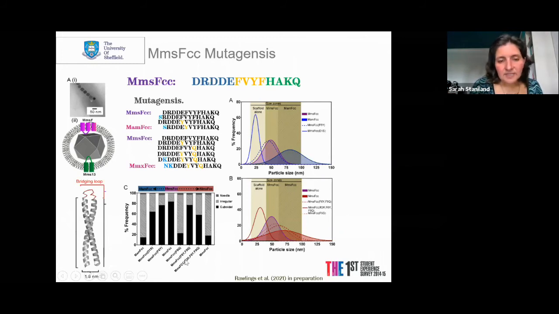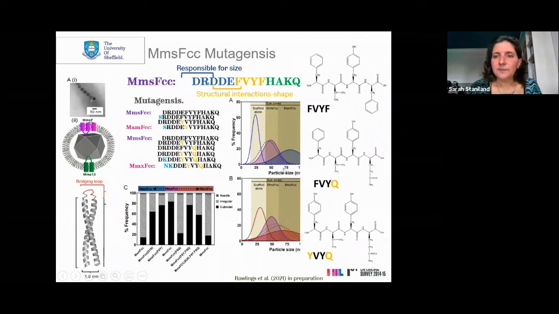And this is where we basically have this huge loss of shape control when we replace this aromatic group here. I'm going to bring these up to explain my point. I know that not all of you will be amino acid specialists, so I'm going to try and talk through this in a more friendly way.